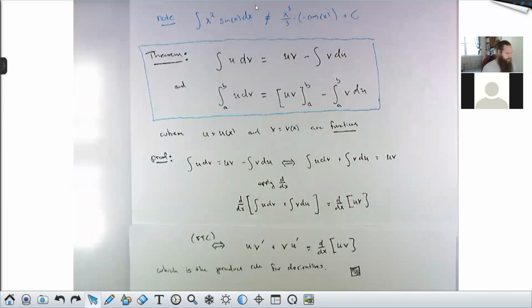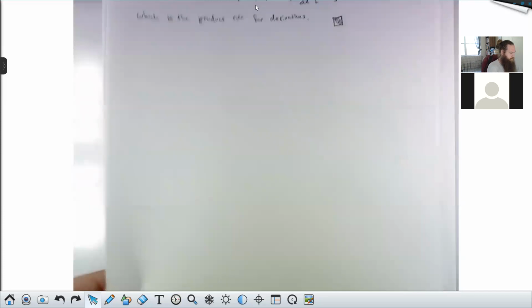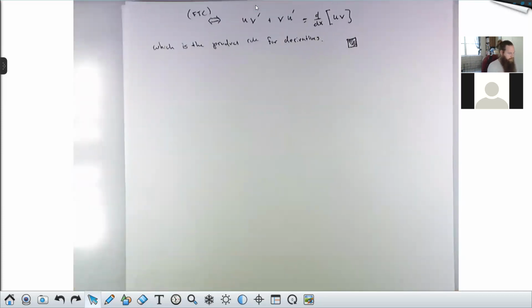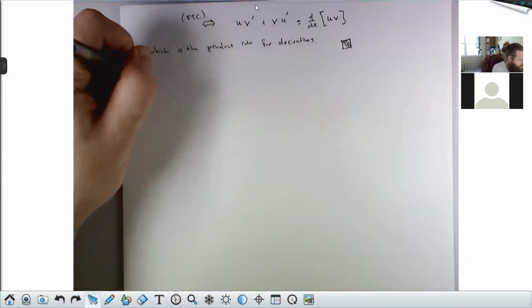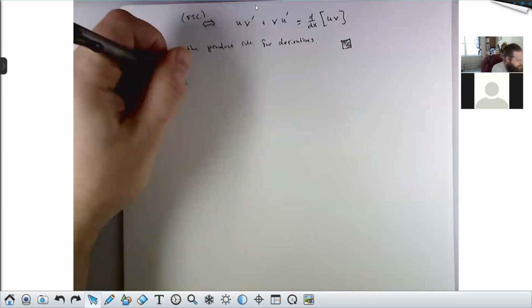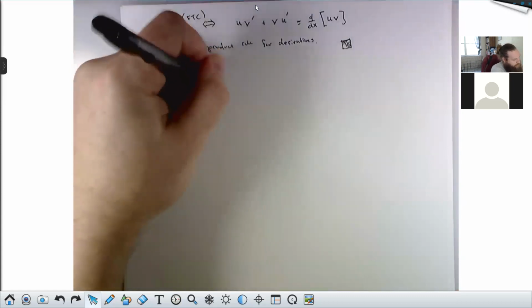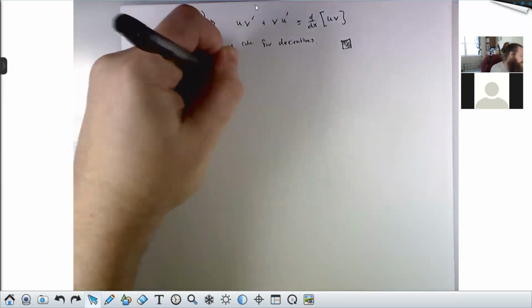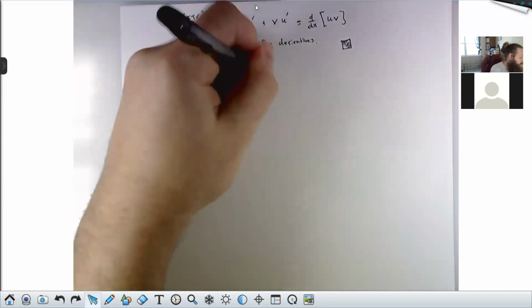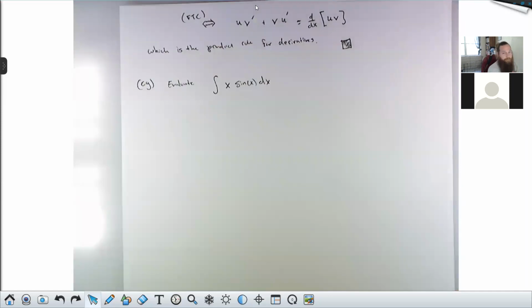Let's see how to use it. Let's evaluate the integral of, let's just do x times sine x, rather than x squared.